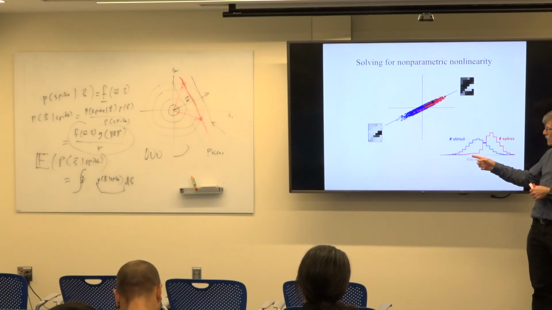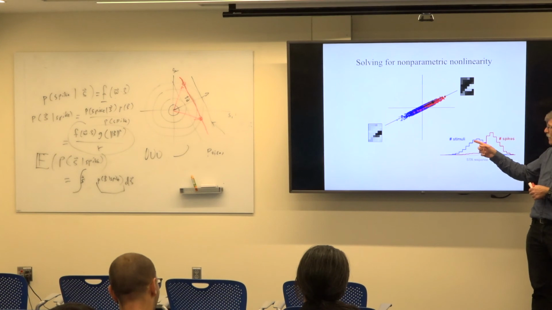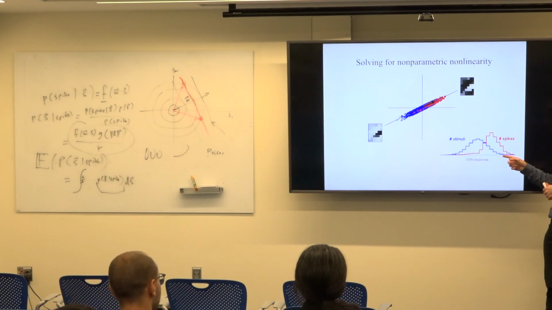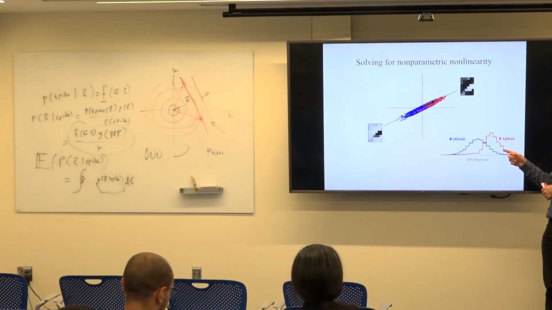And when it was this value, sometimes you got a spike, but much more often you didn't get a spike, which means the probability of spike is low. And way over here, when you had this value, you always got a spike, which means the probability of spike is high. Which is to say, a ratio here, properly normalized, is F.